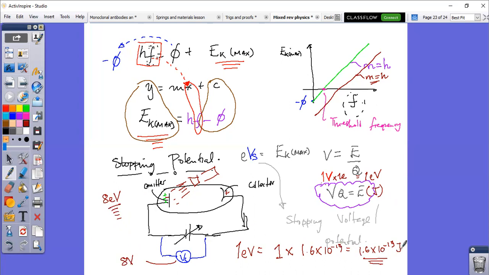Instead of us quoting this number in joules, we simply take the value of the voltage at which emission stops and we put an e to it. And we know that 8 electron volts is the energy that the electrons possess, or the maximum KE. And to convert this into joules, you simply multiply it by 1.6 times 10 to the minus 19. And this will be in joules. Okay? You following that okay?